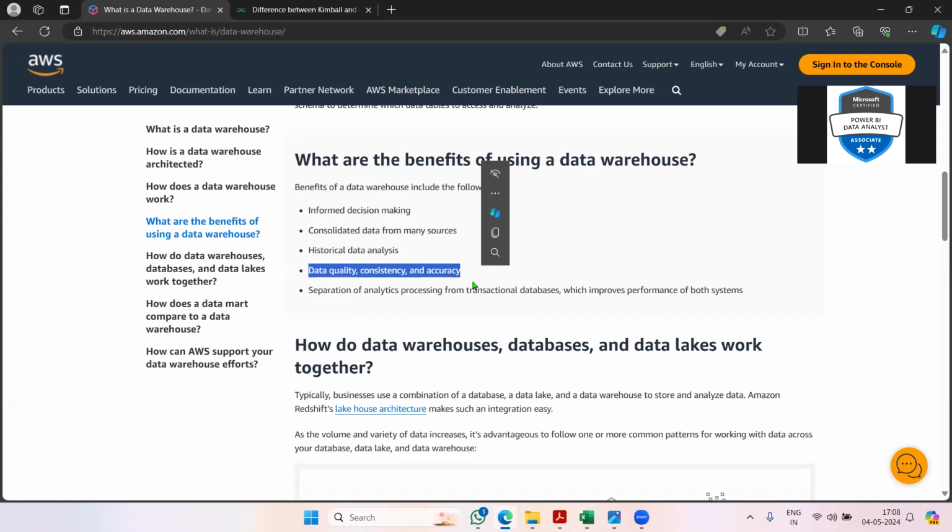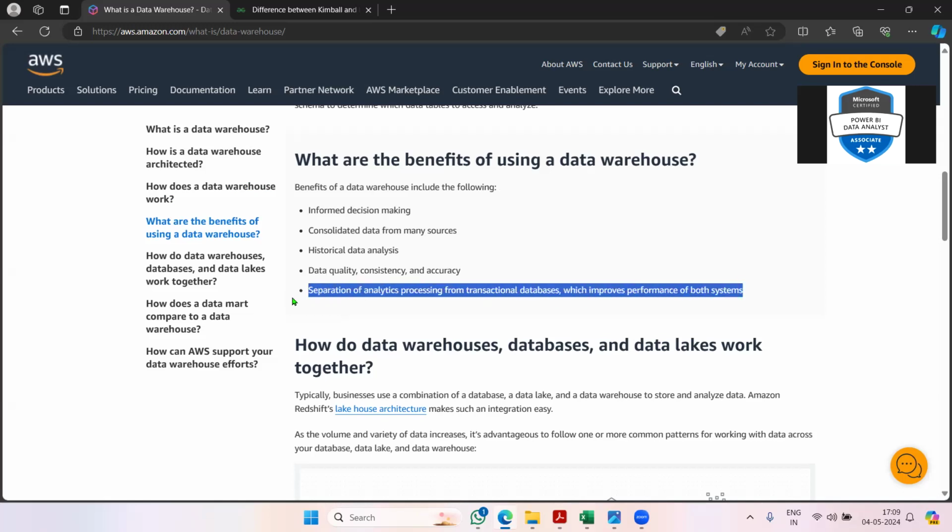That's why whenever we start our Power BI reports, if our source, which can be a data warehouse or any other database, has well-organized data provided to us, then half of our work is done. Okay. Separation of the analytical process from transactional databases, which improves performance of both systems, right?